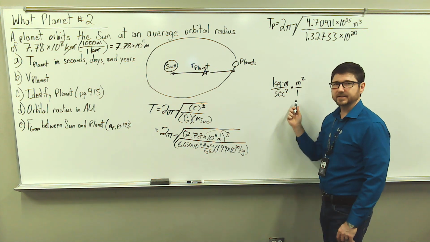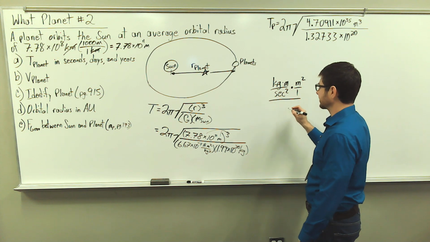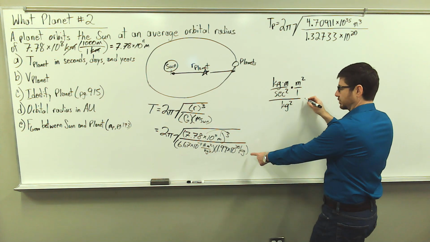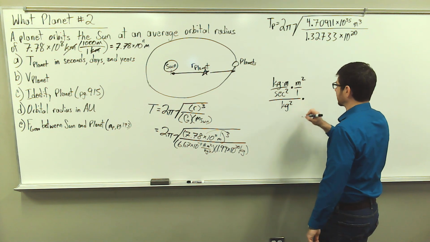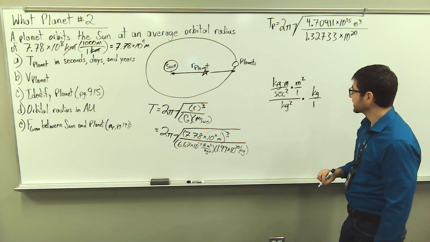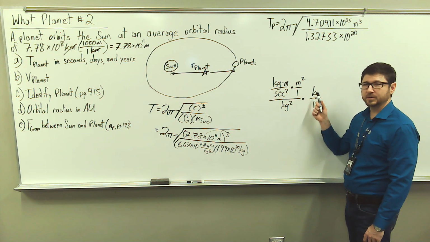And algebraically, we can write this as meters squared over 1. We're going to divide this by kilograms squared. And we're multiplying this by units of kilograms. So kilograms over 1. The first thing that we can do is cancel out one of our kilograms.